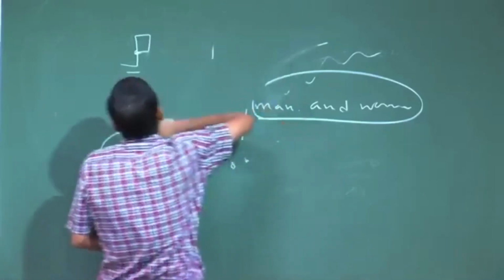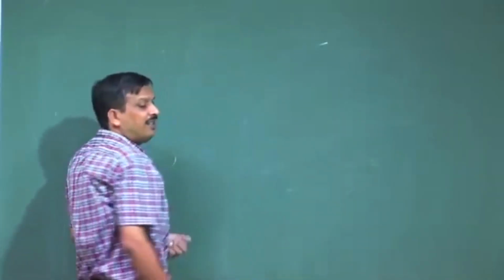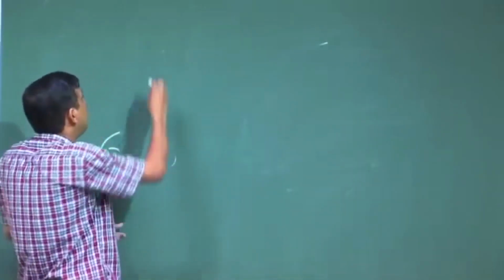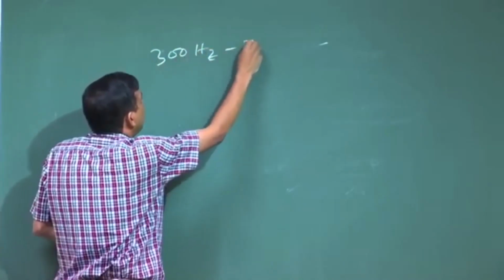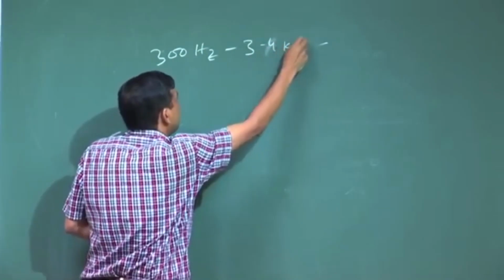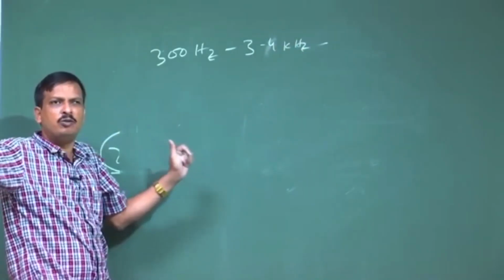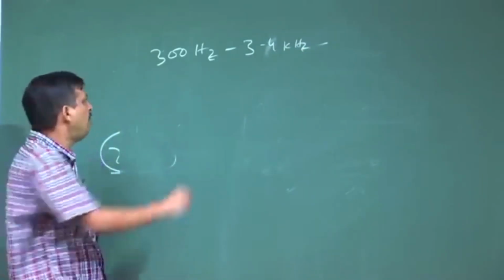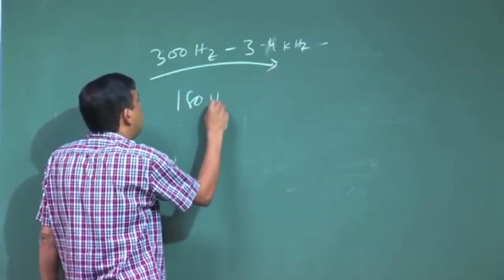If you remember, telephone speech is 300 Hz to 3.5 kilohertz or 4 kilohertz. So, below 300 Hz, there is no signal, no component. Suppose I am speaking over the telephone, my fundamental frequency is 180 Hz.